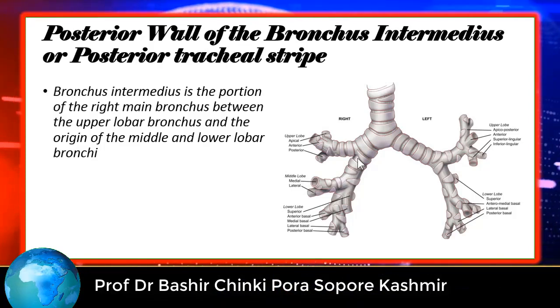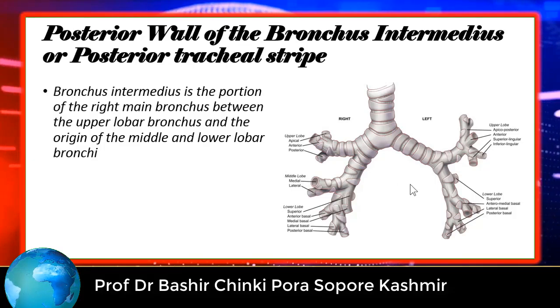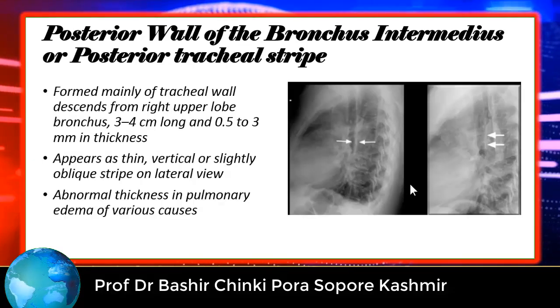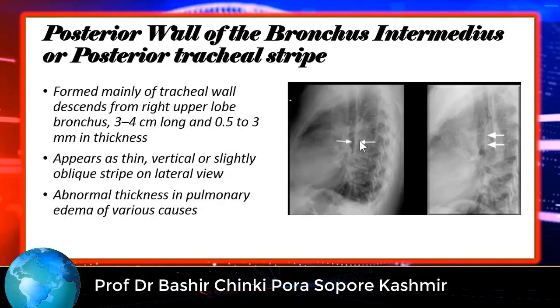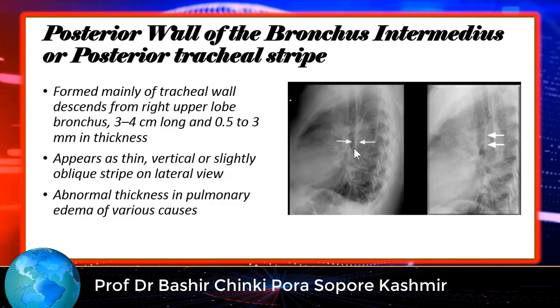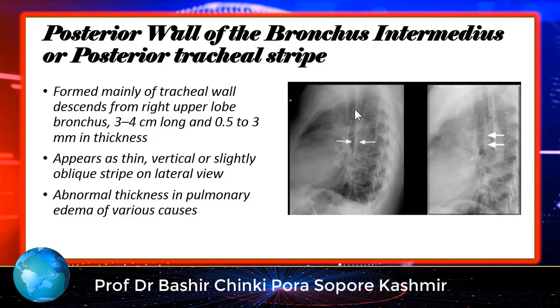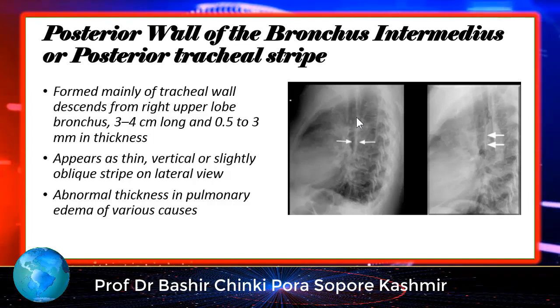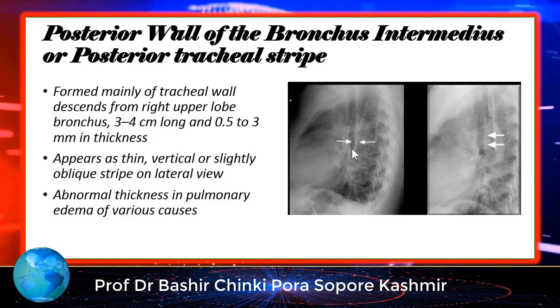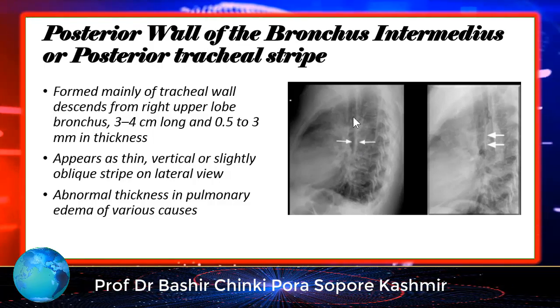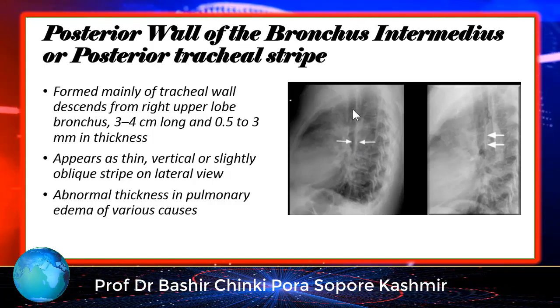So when we see this area on the lateral film, it appears as a thin vertical opacity. You can see the thin vertical opacity here and here, enclosing the air column of the trachea.